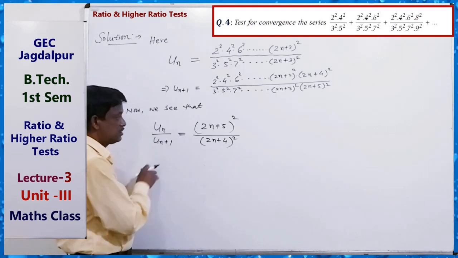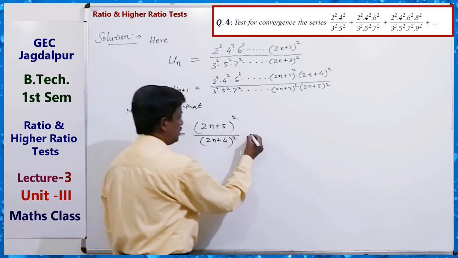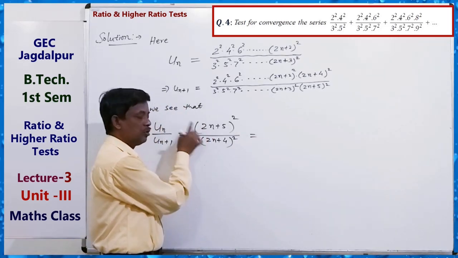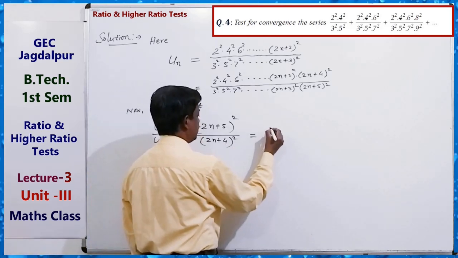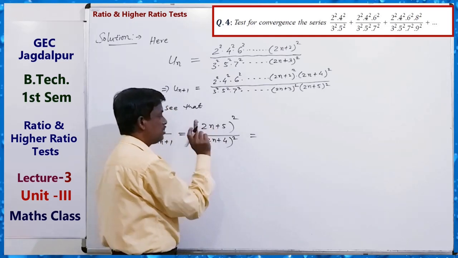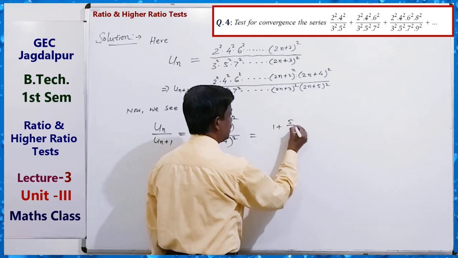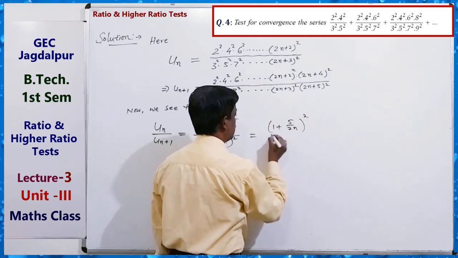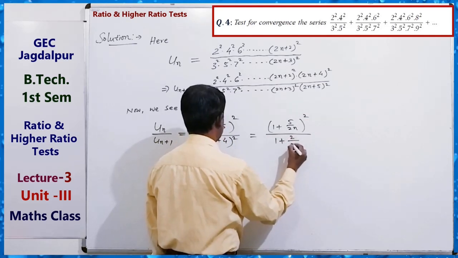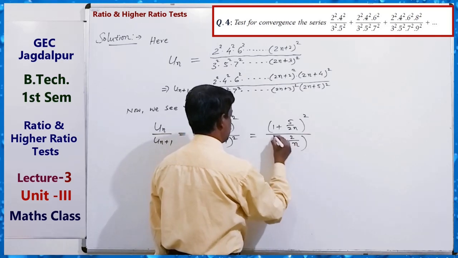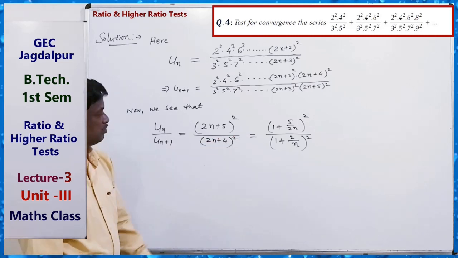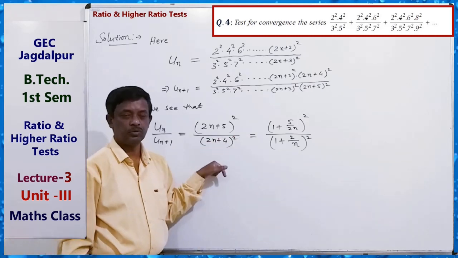Here, taking 2n common, we get 1 plus 5 by 2n whole square upon 1 plus 4 by 2n, that is 2 by n, whole square.